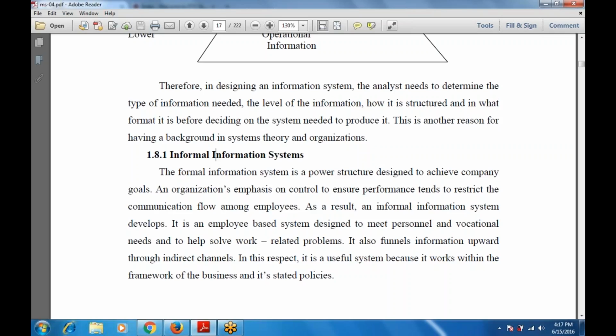As a result, an informal information system develops. It is an employee-based system, for the favor of the employees to meet personal and vocational needs and to help solve work-related problems. In this respect, it is a very useful system because it works within the framework of the business and its stated policies. That is the informal information system.